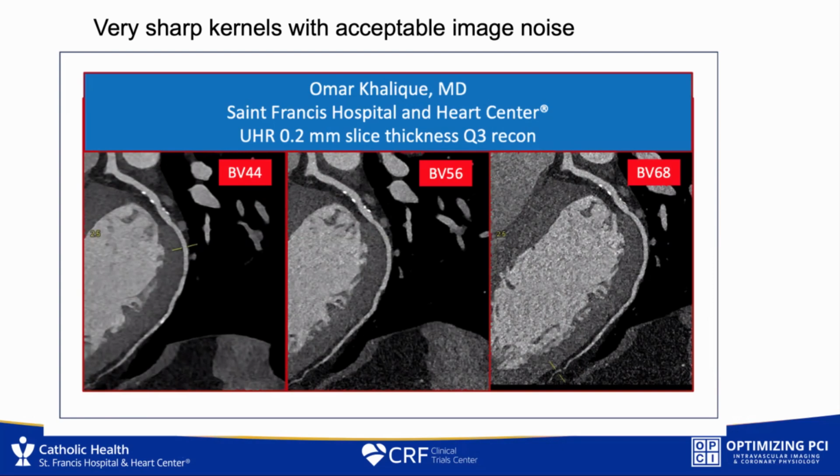But what you see here is that even in the BV68, which is quite a sharp kernel, our calcium is well delineated. We have a slight increase in image noise, but a very interpretable study, which allows us to maximize the effects of the kernel while maintaining an adequate and acceptable level of image noise.